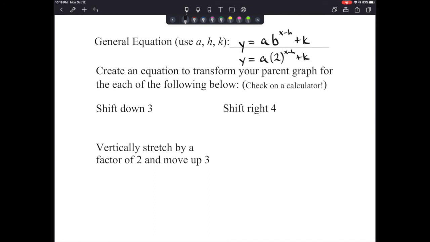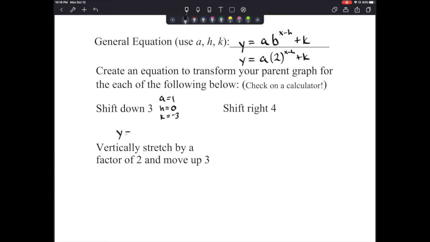So it says create an equation to transform your parent graph for each of the following below. So if you want to shift it down 3, that means that in this case a is going to equal 1, h is still going to be 0, and k is going to end up being negative 3.